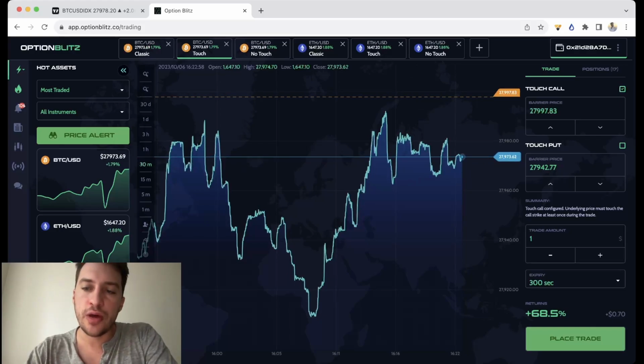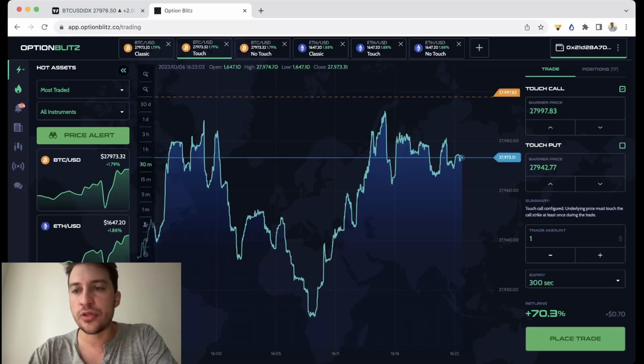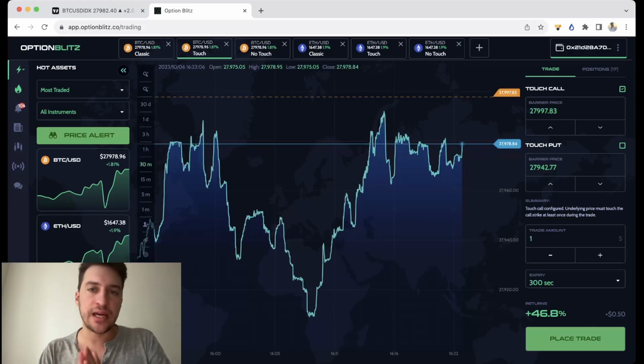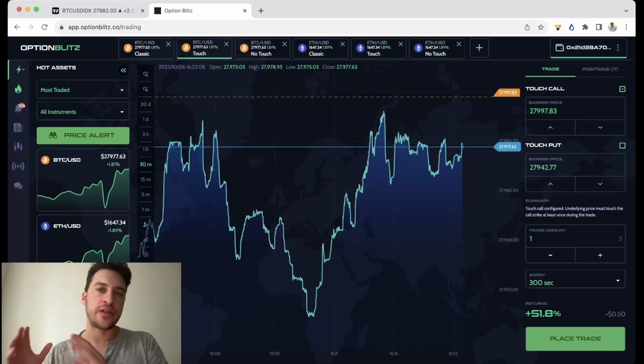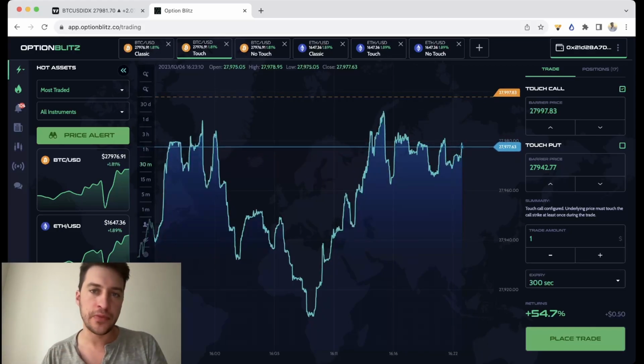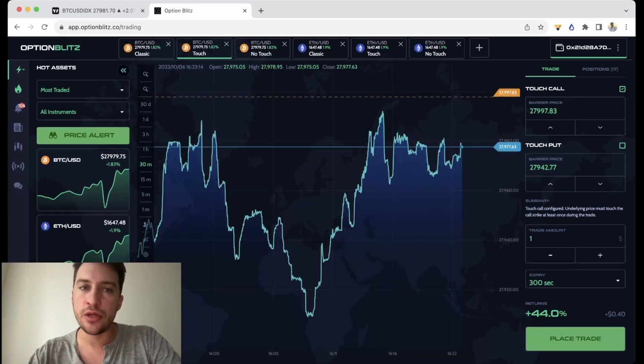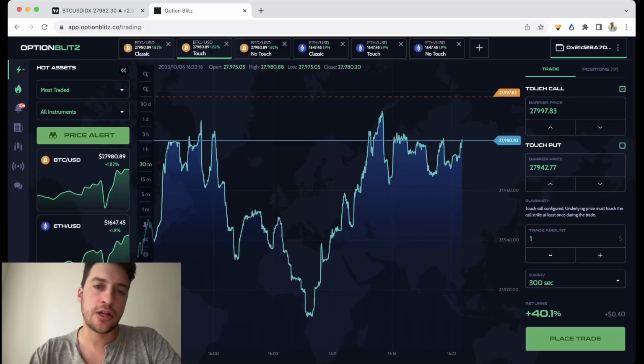So I'm going to show you actually just the first trade on this. So you will have to use a MetaMask account for best possible results. So you can, if you want, use a Google account where this platform will create a wallet for you. But it's a lot better to use a MetaMask because if you do, there are no fees on the touch and no touch.